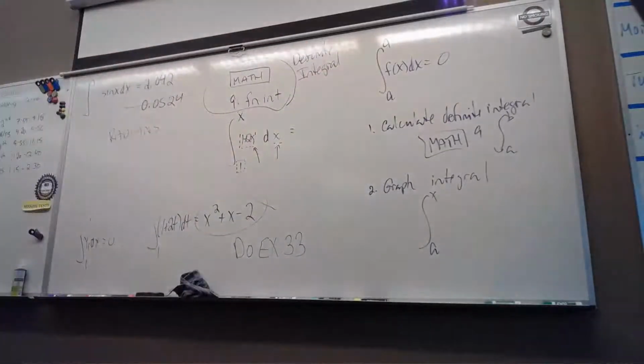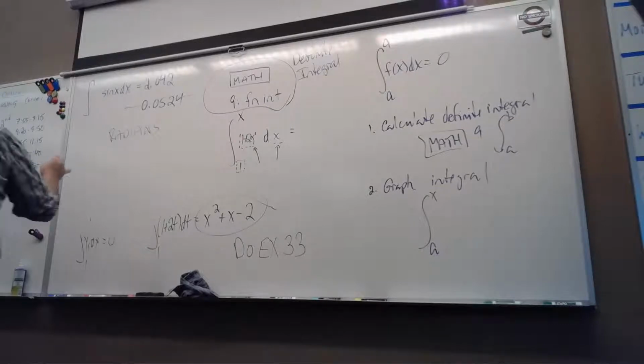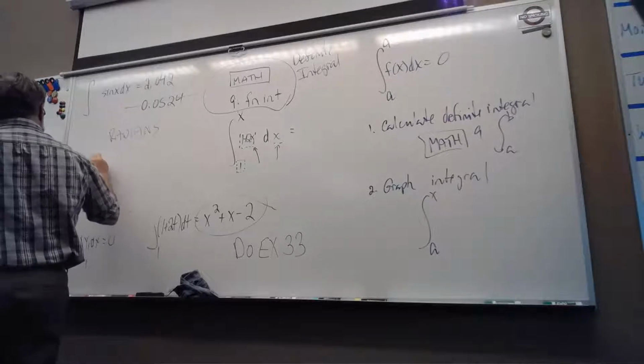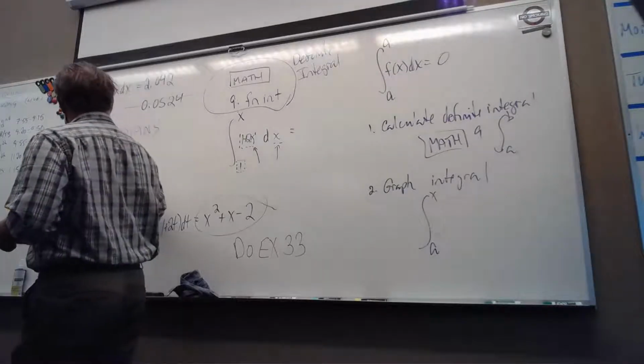I got it right. Hey, guys, you remember when we were taking the derivative of sine and we said it's got to be in radians? If I took the derivative of sine theta in radians, I got cosine theta.